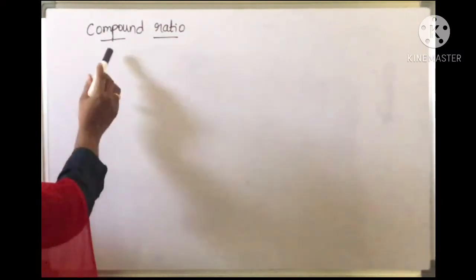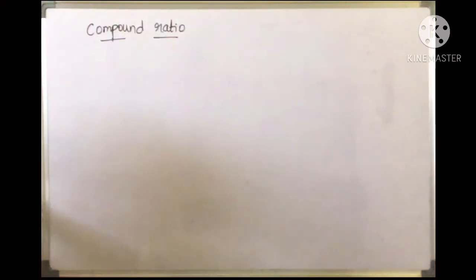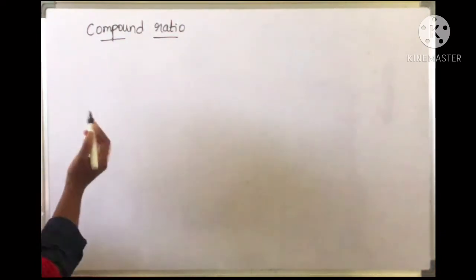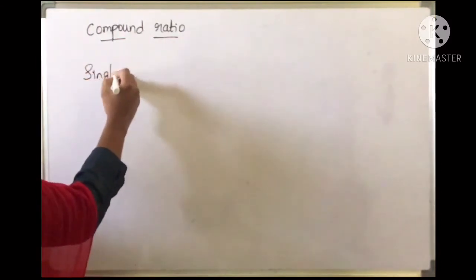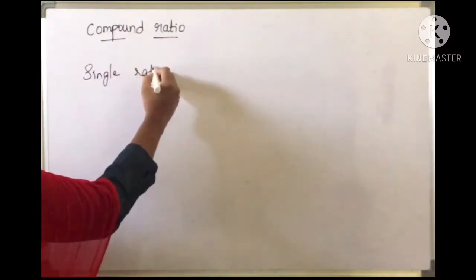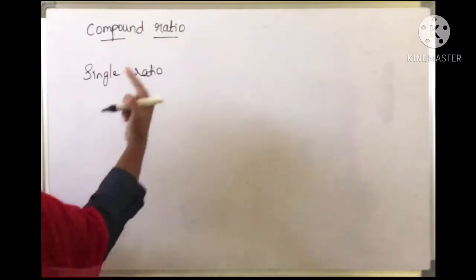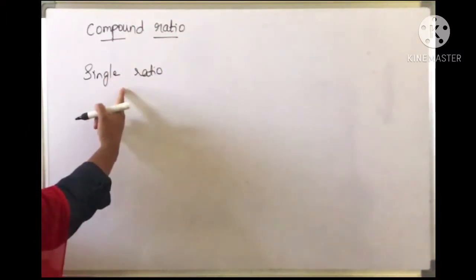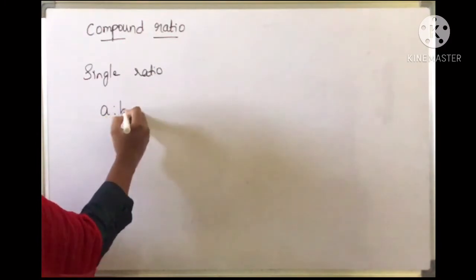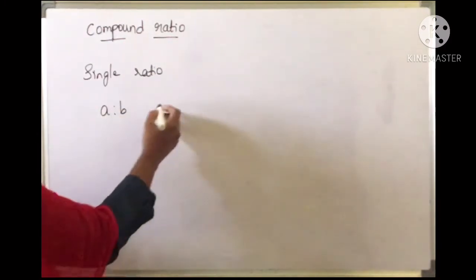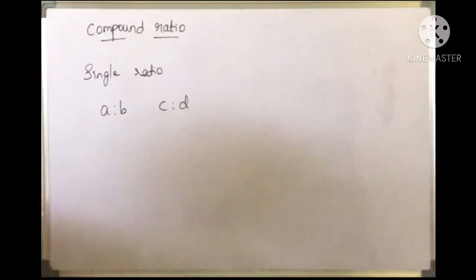Now, first, compound ratio. When two ratios are expressed as a single ratio, you can take two or more ratios. Suppose A is to B is one ratio, and C is to D is another ratio.